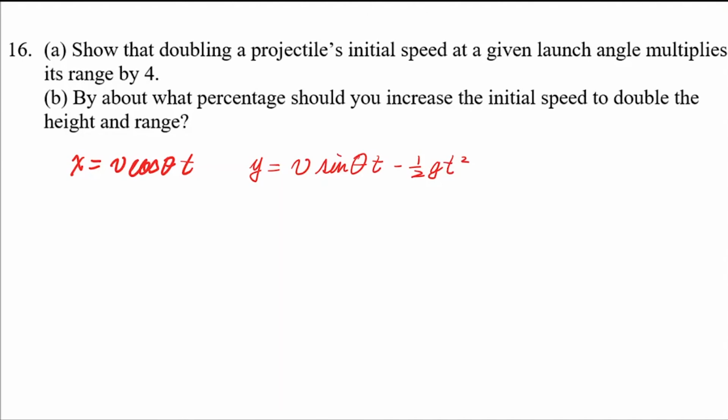But then, do you remember the one that I combined for you, right? So if I combine the two, then we have this. y is equal to x tangent theta, and then minus g x squared over 2v squared, and then secant squared theta.